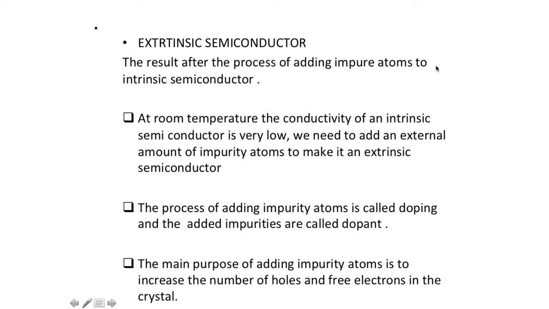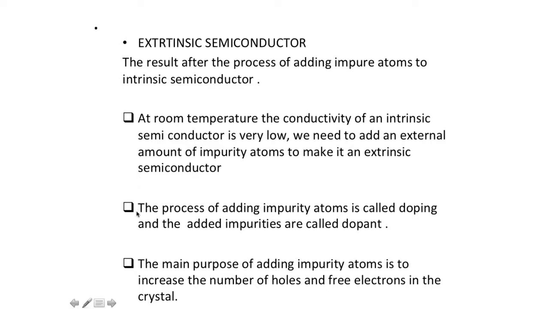Back to extrinsic semiconductor. Extrinsic semiconductor is the result of adding impure atoms to an intrinsic semiconductor. At room temperature, the conductivity of an intrinsic semiconductor is very low. We need to add an external amount of impurity atoms to make it an extrinsic semiconductor.